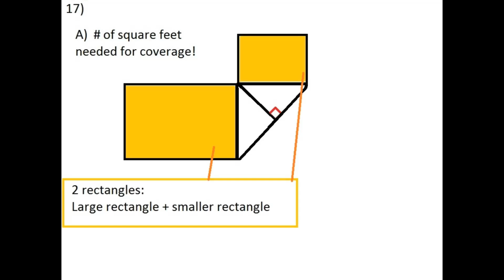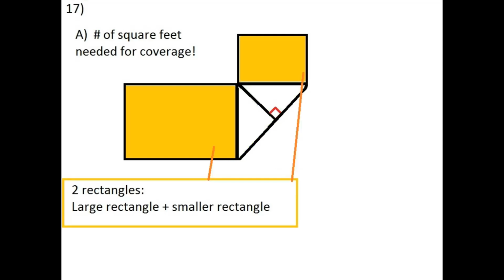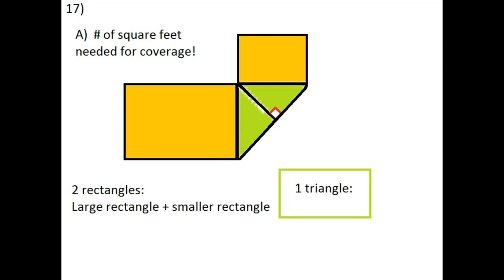So here are our two rectangles, a large rectangle and a smaller rectangle, and the other shape that makes up this bedroom is a triangle in green. So again, we have our two rectangles and a triangle in green. All right. If we find the areas for all three of those shapes, we end up with the total area.